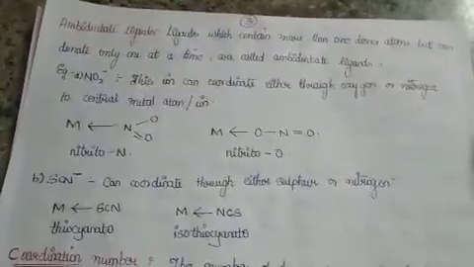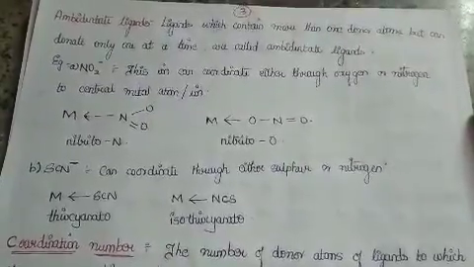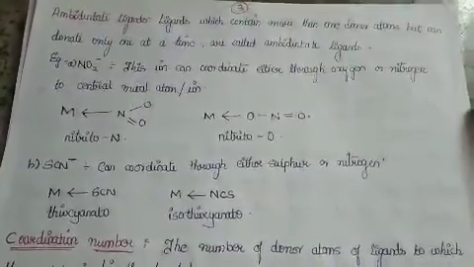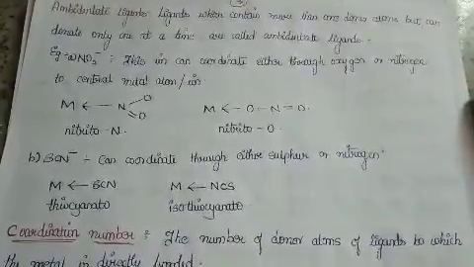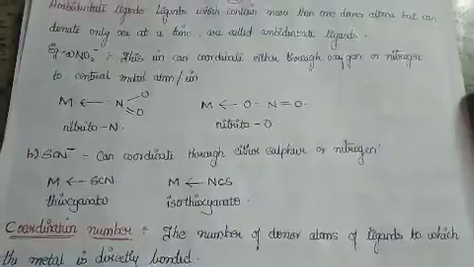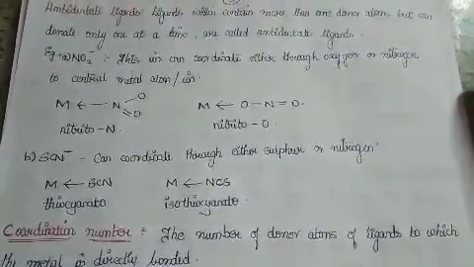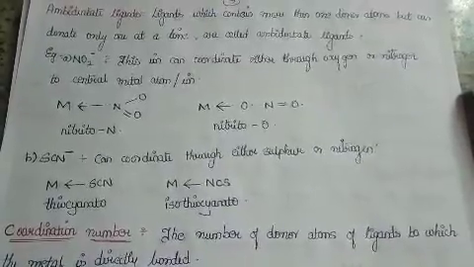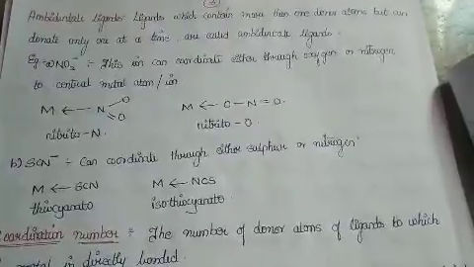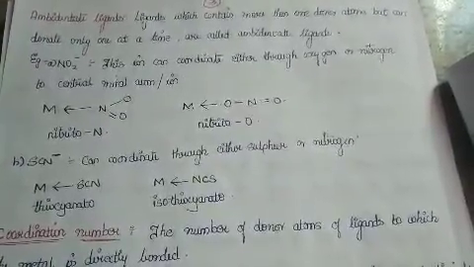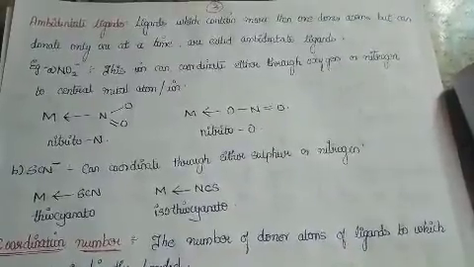Here you could notice that this ion can coordinate either through oxygen or through nitrogen, but at a time only one donor atom binds your central metal atom or ion. You can see here N is binding to M. Though N is a donor atom and oxygen is also a donor atom, at a time only nitrogen is binding your metal, and in the second example only oxygen is binding your metal.